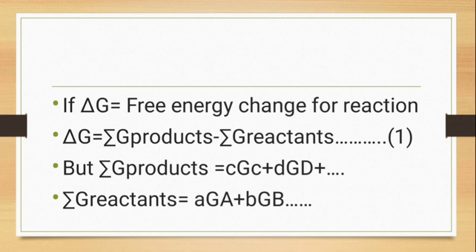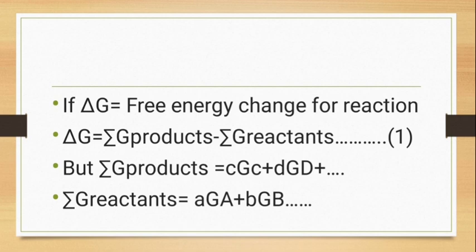But we know that the summation of Gibbs free energy of products is equal to cGc plus dGd. Here Gc and Gd represent the Gibbs free energies of products C and D, and small c and d are the number of moles of the species capital C and D respectively. So this is for products.